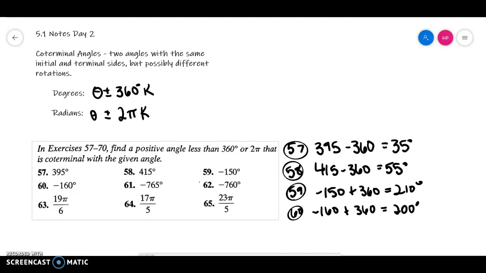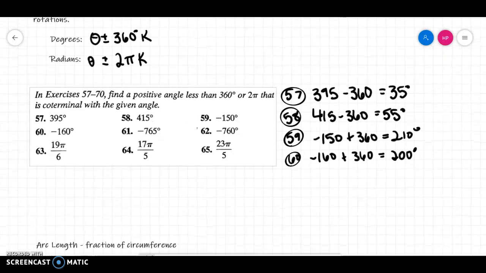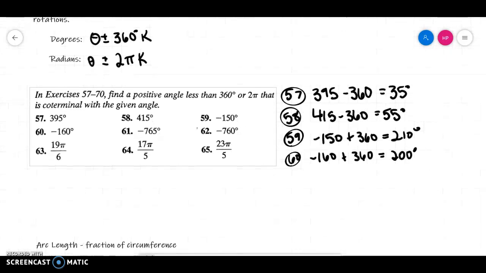So the fun ones are things like 61 and 62 with degrees, and then we'll get into radians. So something like 61, negative 765. If I add 360, that's still a negative number. That doesn't get me to where I need to be. That only gets me to negative 405 degrees, which means I need to keep adding.